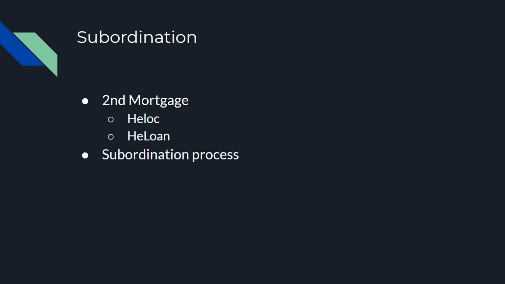So let's just say when your borrower purchased their house 2 years ago, they got a first and second mortgage. Maybe they went with a mortgage company that works with companies that do what they call piggyback second mortgages, and they got a home equity loan as they were getting their first mortgage.